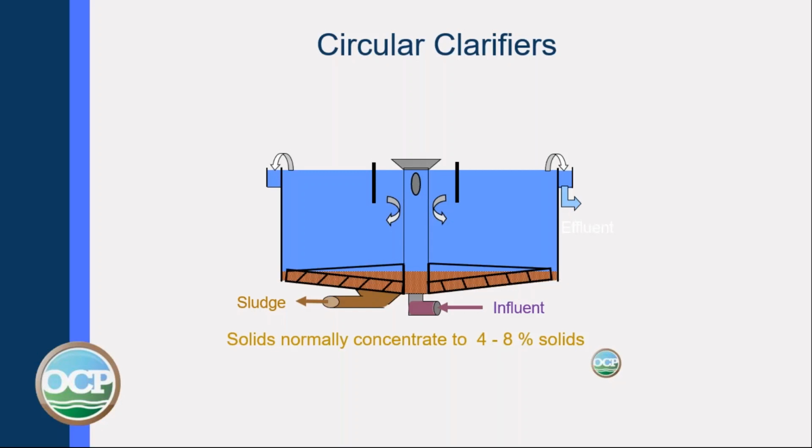Then the heavies settle out as sludge. The sludge will normally concentrate to about 4 to 8% solids in the primary clarifier. The clearer water will go up and over the weirs into the launder and out to your secondary system.